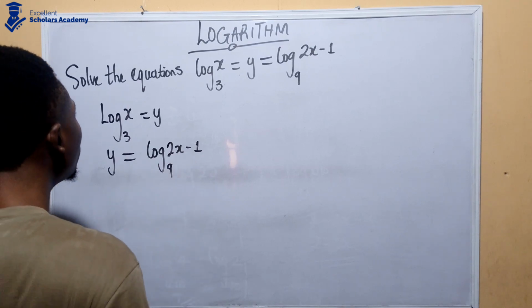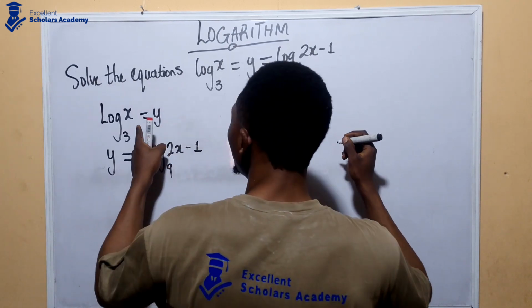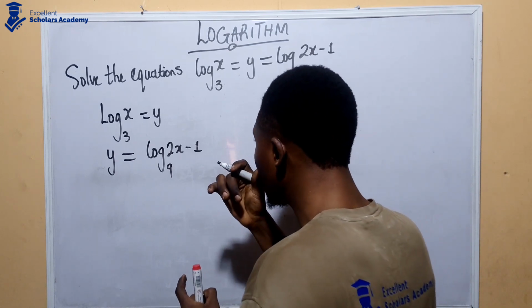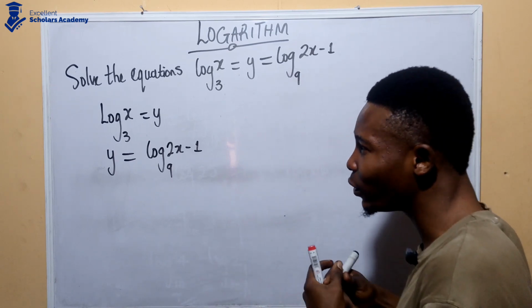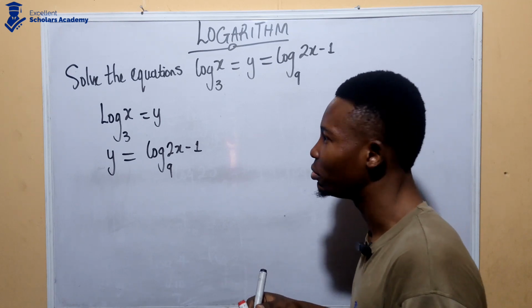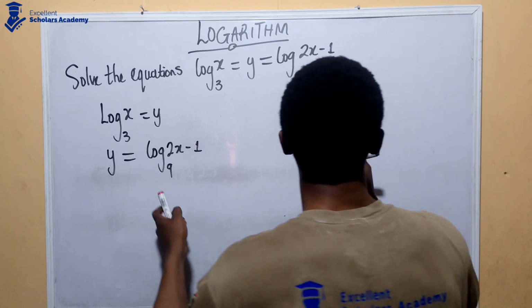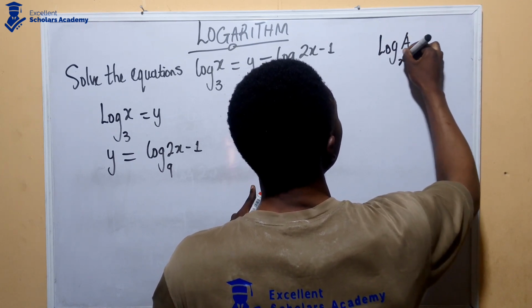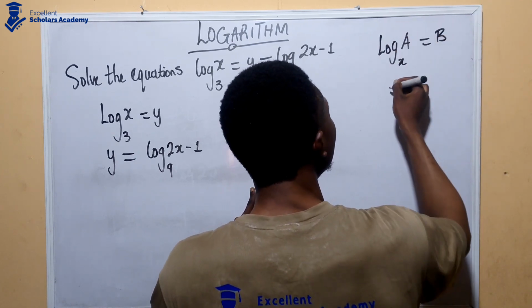Now this is a very technical question. It's going to lead us surely to a kind of equation, probably a quadratic equation. So we're going to apply the law that says if you have log a base x is equal to b, you can convert this to indices.